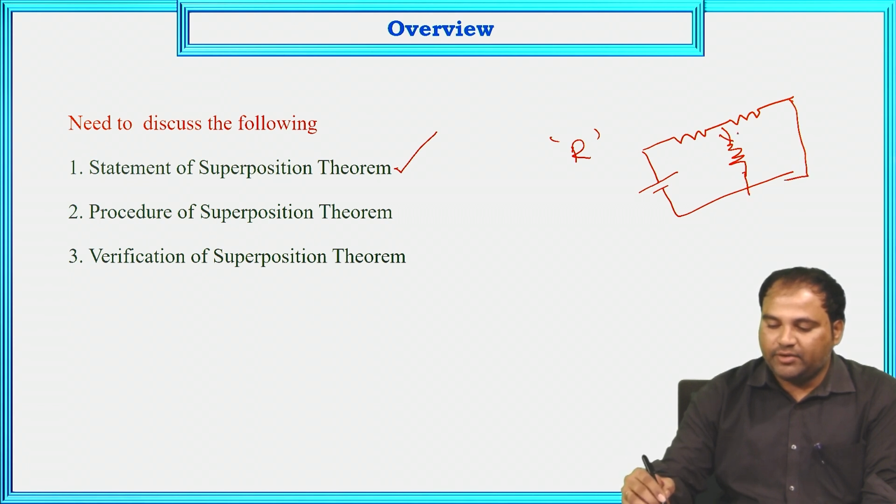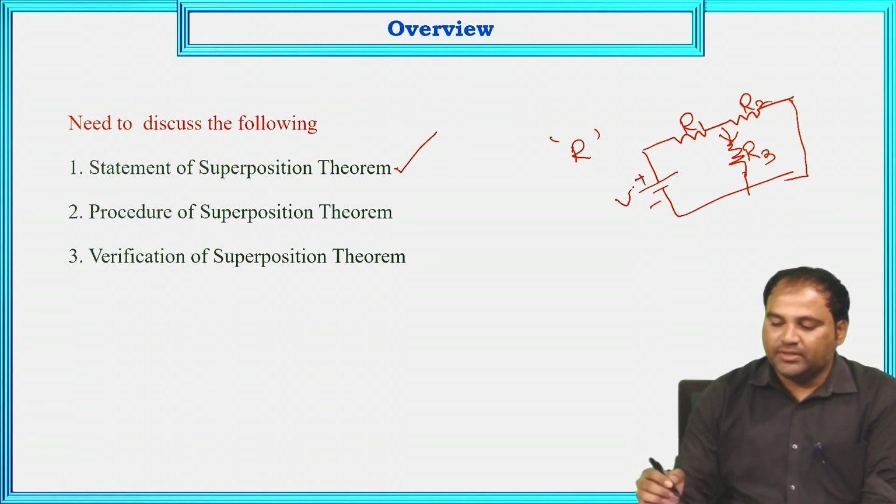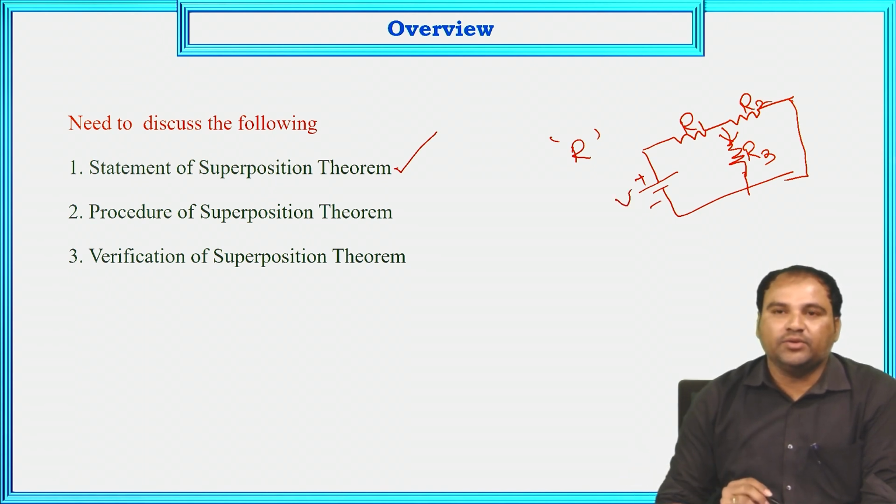Here I need to find out the current. Let us take this as R1, this as R2 and this as R3, and the voltage source is V. I need to calculate the current through the R3 resistor using the superposition theorem.